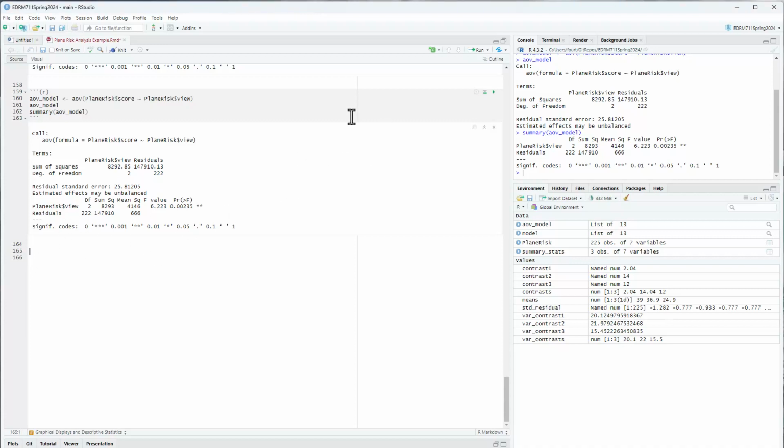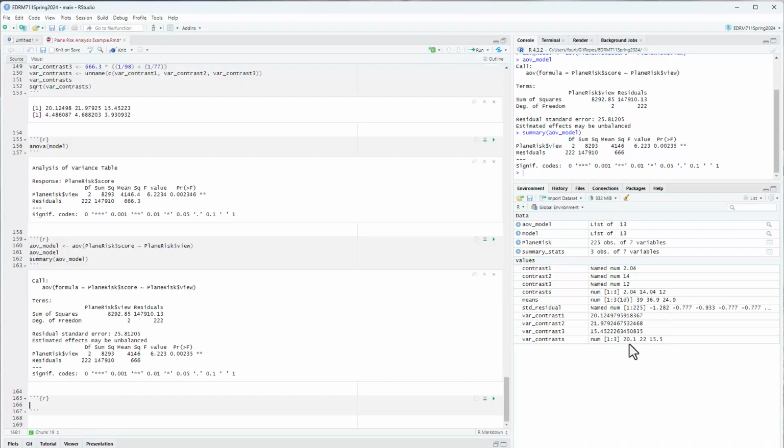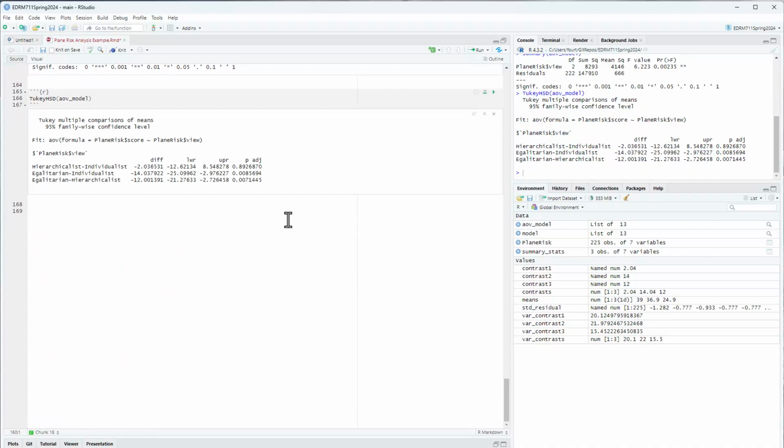Once you have the AOV model, I'm going to put in a code chunk Tukey HSD, which stands for honestly significant difference, and I'm going to put in my AOV model that I created right up here on line 160, and I run that, and there are my Tukey confidence intervals.